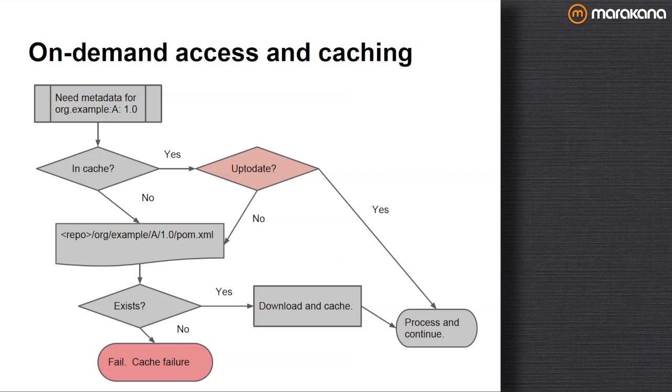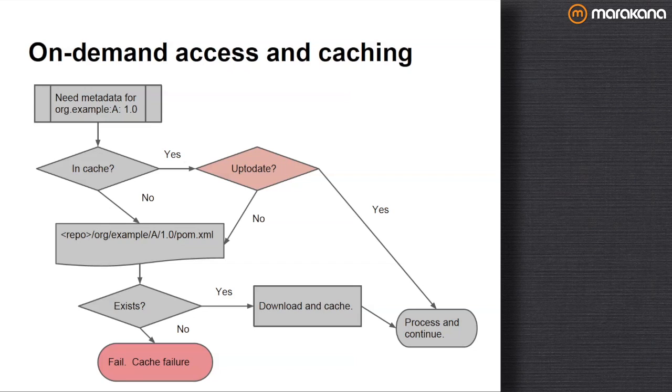So we want to cache it, and we say, is it in the cache? Yes. Okay, well, is it the latest? Is it up to date? Has something changed on the remote server? And this is kind of a problem with the on-demand model because you're doing this per module. And you don't want to contact the remote repository, but you have to in order to know whether it's up to date. It's not fundamental in this model, because here's how you determine that path.